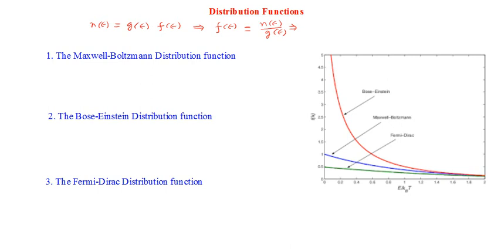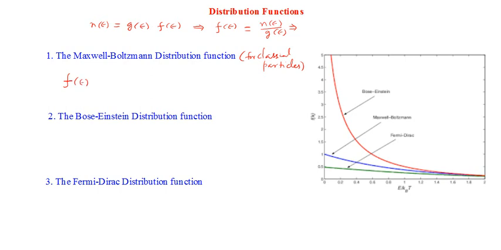So the Maxwell-Boltzmann distribution function, which is applicable for classical particles, like molecules of a gas at a low density, is denoted by f(E).